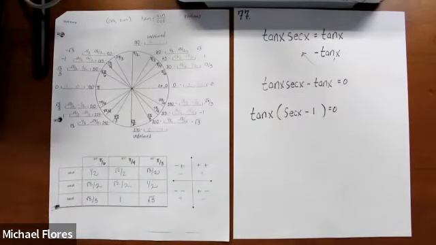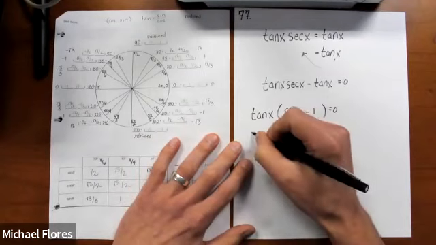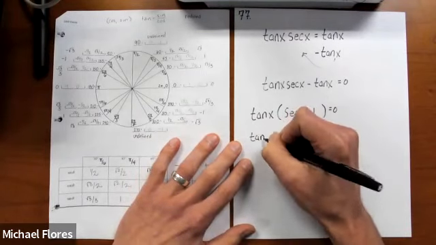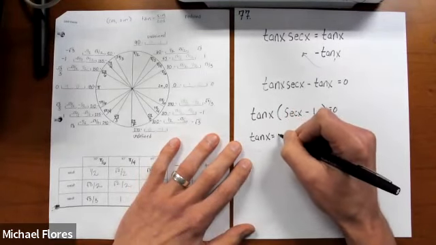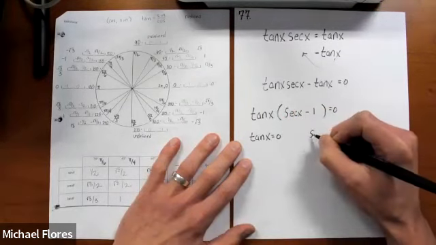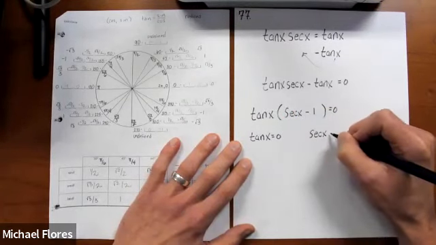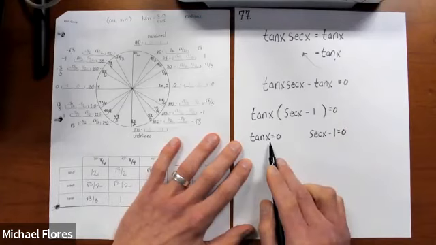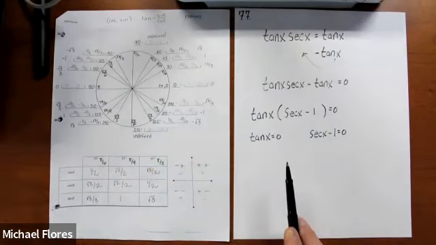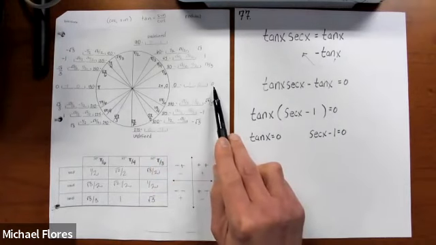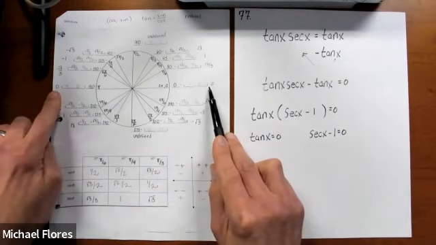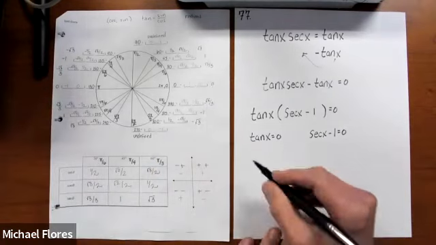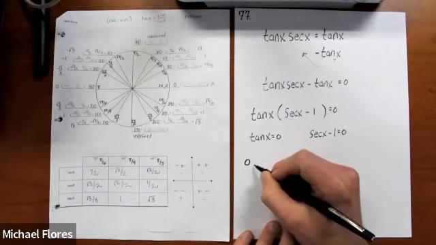And now set both of these factors equal to 0 and then solve further if needed. Okay, here, tangent of x is 0. Where in the unit circle do we have a tangent of 0? That would be here and here. It's going to be at 0 radians and pi radians.